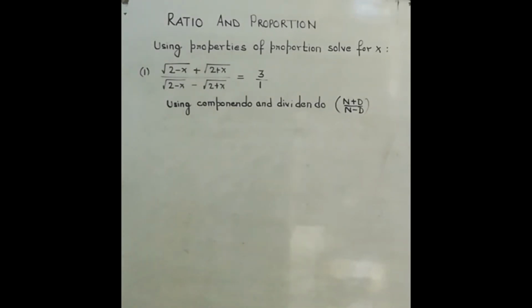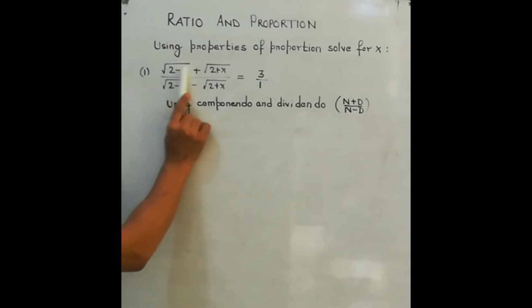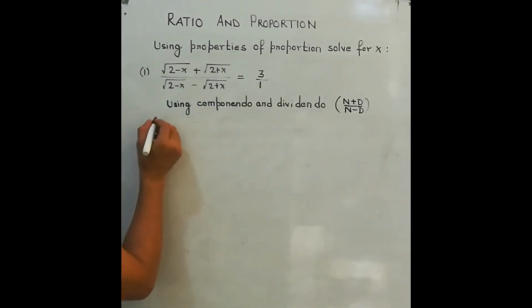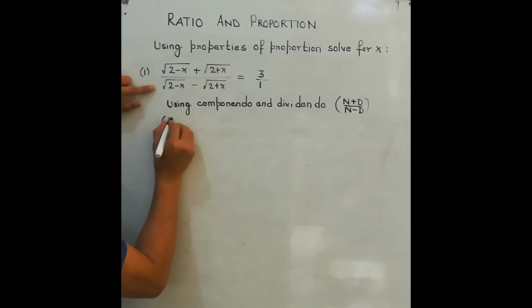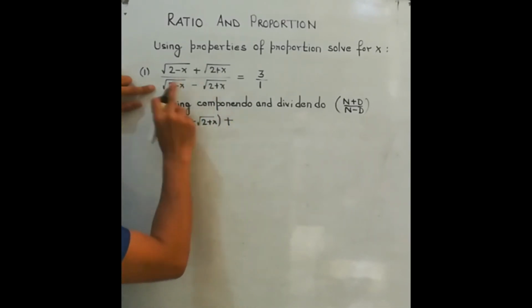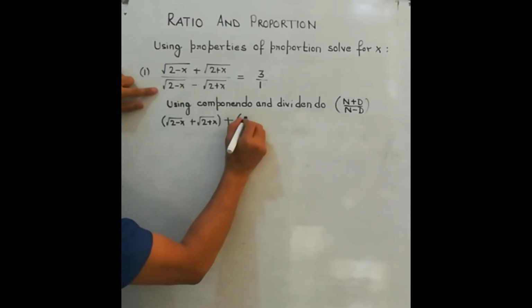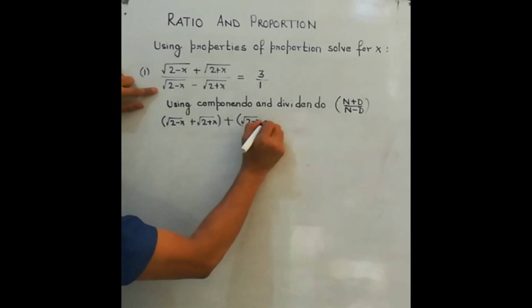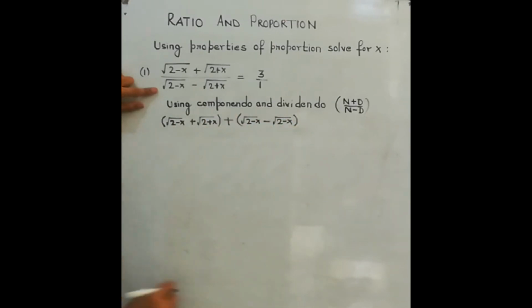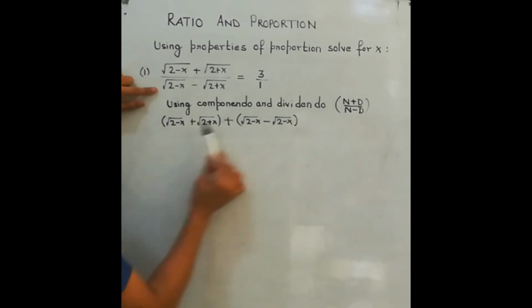So on the left side, this is the numerator part and this is the denominator part. So I am going to write numerator plus denominator. First of all the numerator, this is the numerator part, and then plus denominator, this denominator part. So I have written numerator plus denominator.